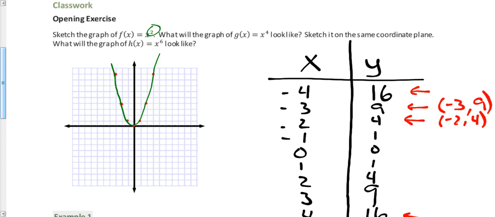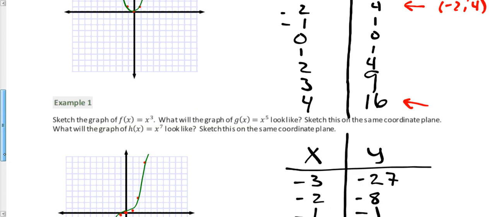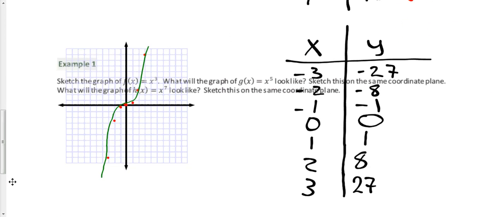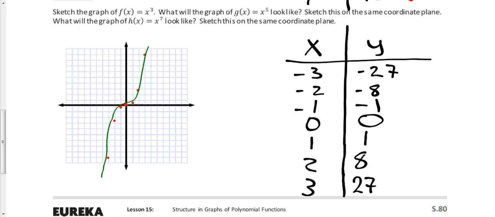So, that's an even function. What do you think we call this one? What's the opposite of even? Odd.